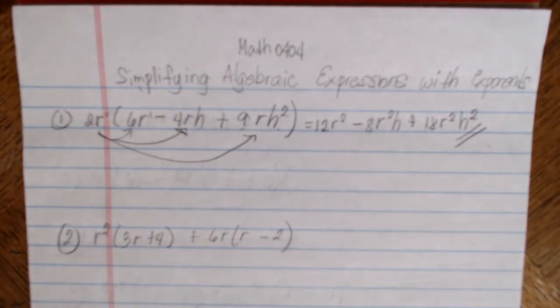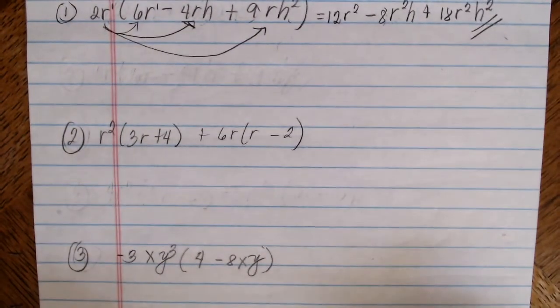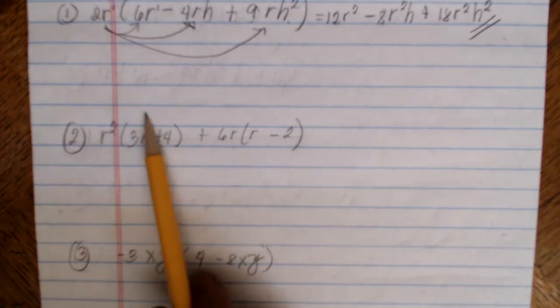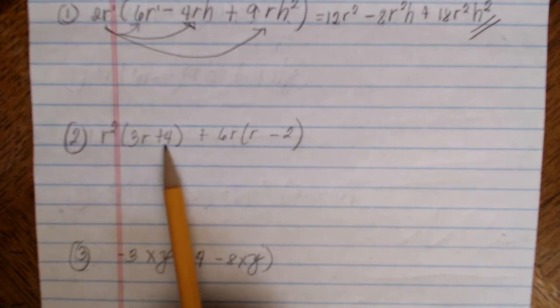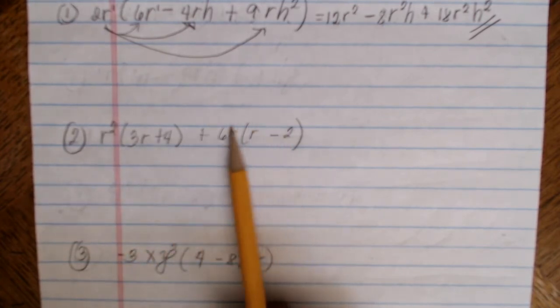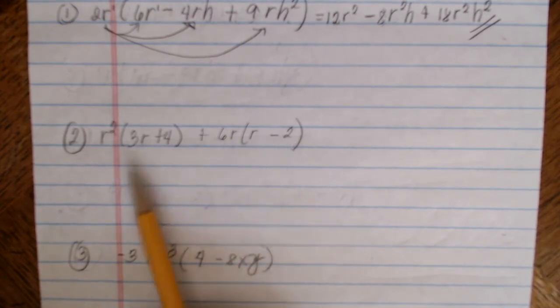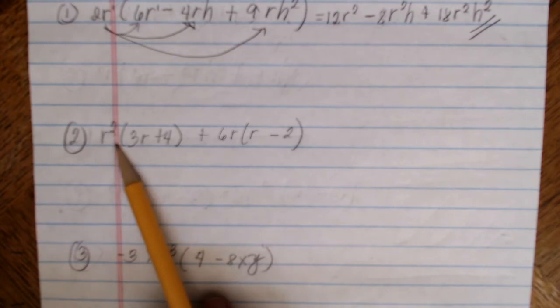Alright, number 2. Now, in number 2, there are 2 terms. The first term is r squared times 3r plus 4, plus, this is now your second term, 6r times r minus 2. So you have to distribute each term by whatever is outside the parentheses.